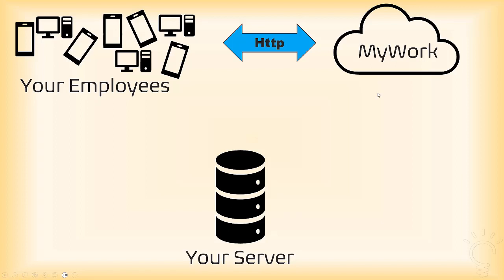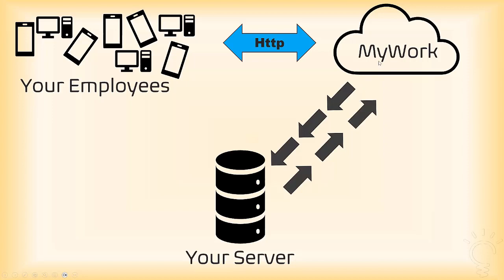Then when MyWork needs to get data from your server, this is where this IP address comes into play. So MyWork will ask your server, hey, give me the password for employee 156. Your server will send that back to MyWork.